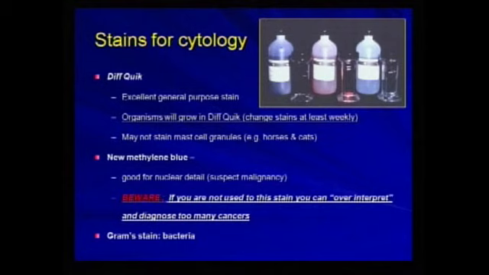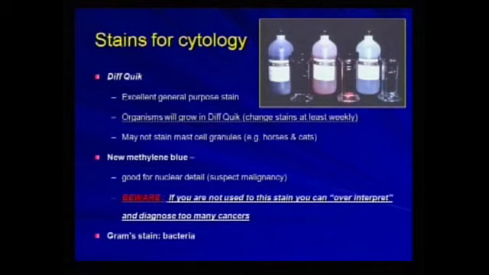One is that they tend to lose their effectiveness over time. The more stains you put in them, the more times you use them, they will stain more and more lightly. You also can have bacterial growth within them, because there are no preservatives. So these stains should be dumped out and fresh materials put in at least on a weekly basis. Occasionally they don't stain mast cell granules, especially in horses and cats, but for the most part they do a very good job.